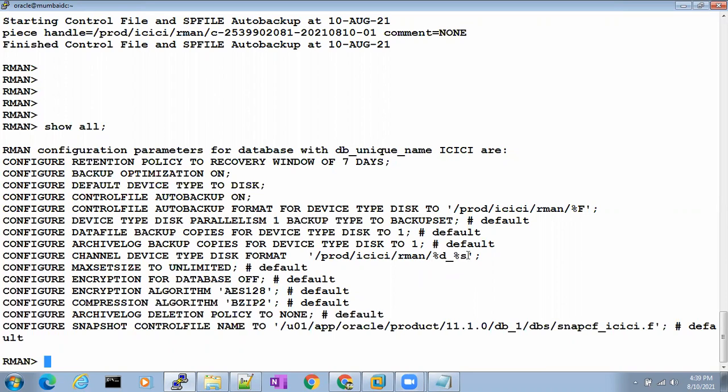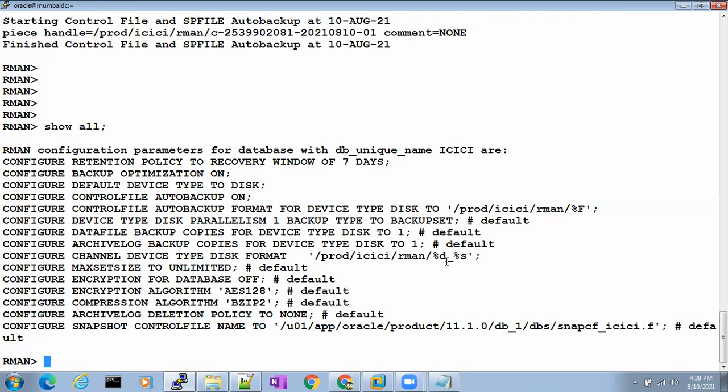Now, if you want to understand more in depth, what is the format of archive logs? What is the extension of archive logs? .arc.